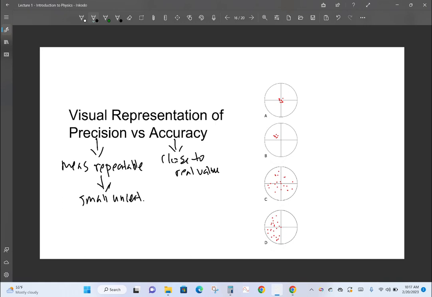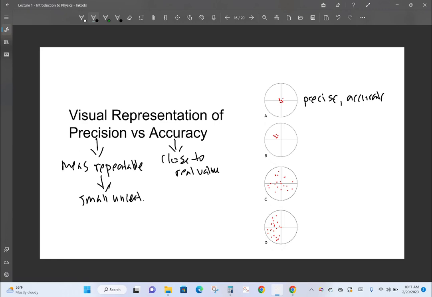So if you are precise and accurate, imagine this is a dartboard. If you're precise, that means that every time you throw the dart, you're very close. You're always hitting the same mark or very close to the same mark. You have a tight grouping. And if you're accurate and you're aiming for the bullseye, then your grouping would be right on the bullseye. So this A is precise and accurate.